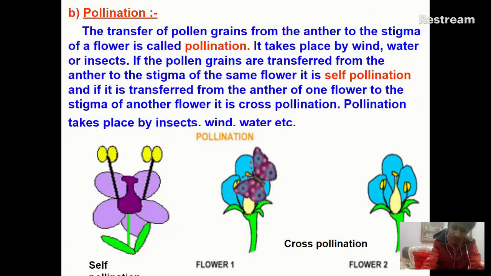It is a process of transfer of pollen grains, from the anther to the stigma of a flower.